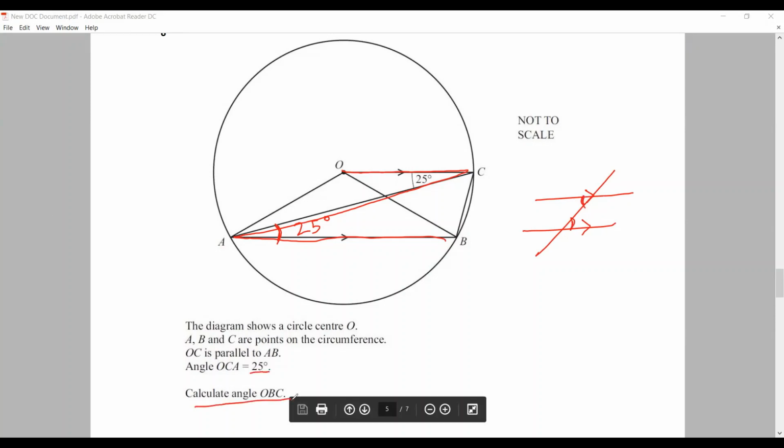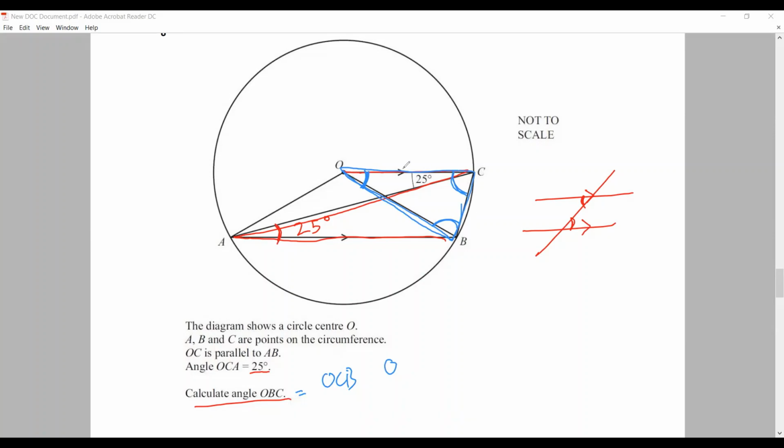Calculate OBC. If you look at the triangle OBC, that's an isosceles triangle, right? So if I find just the angle COB, then these two angles have the same value. So OBC is equal to OCB, right? So how am I going to find the angle COB here? Well, it's very easy.